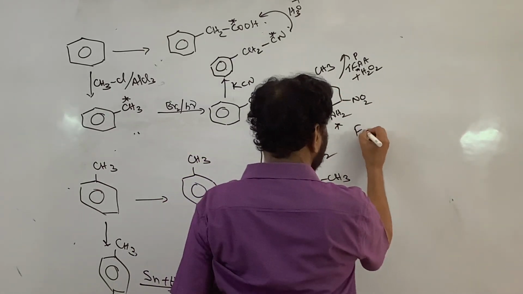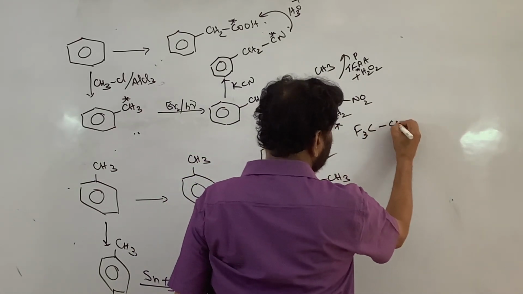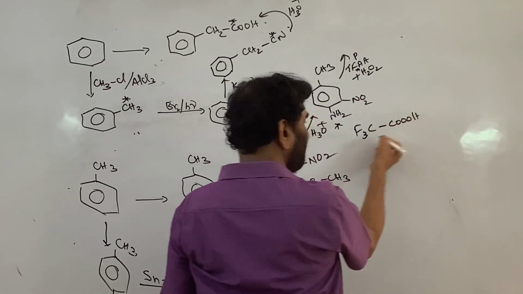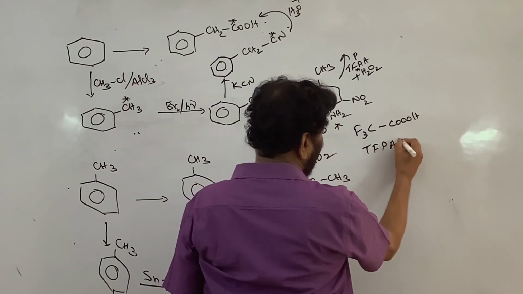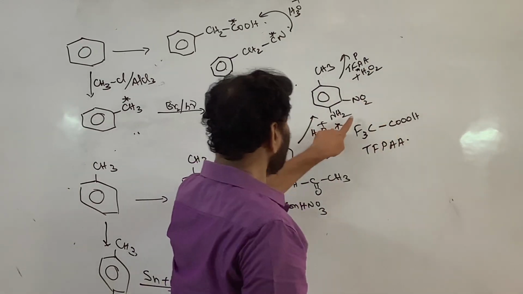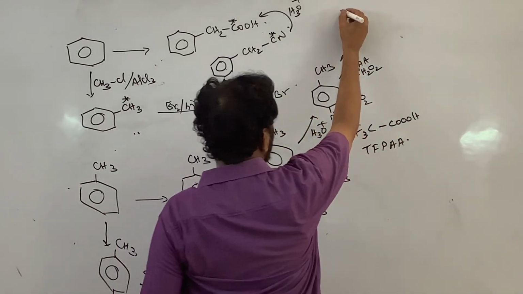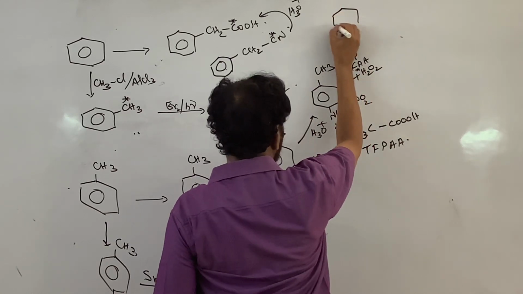This is trifluoroperoxyacetic acid, CF3COOH with hydrogen peroxide. This converts the NH2 group into the NO2 group.